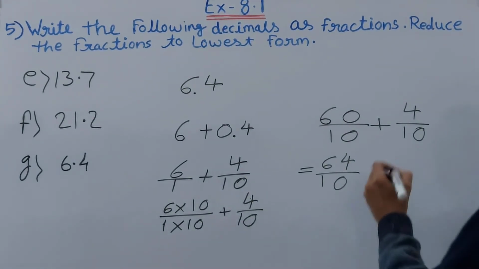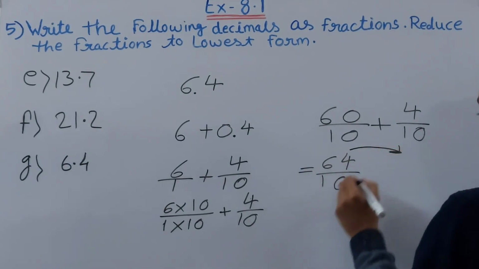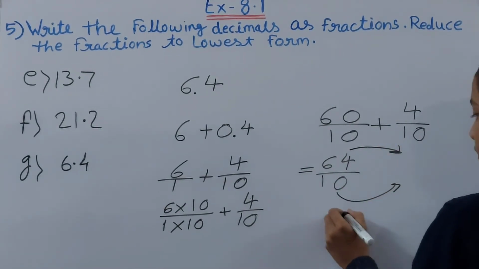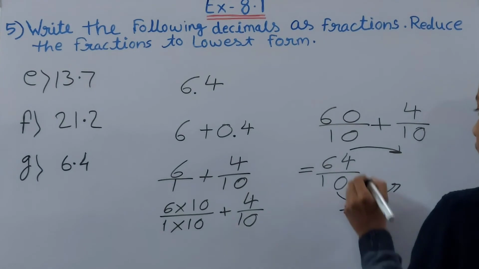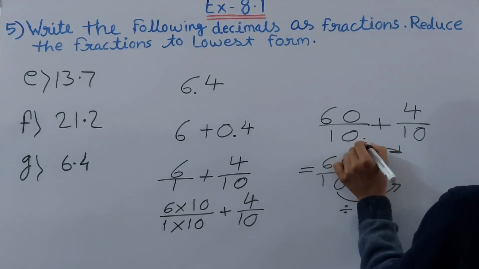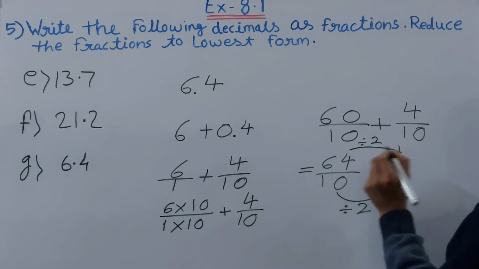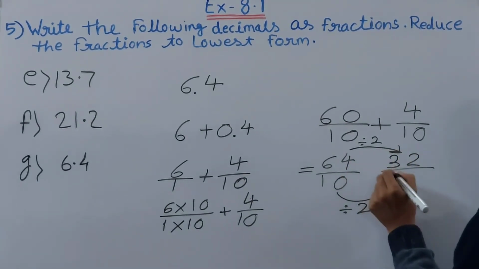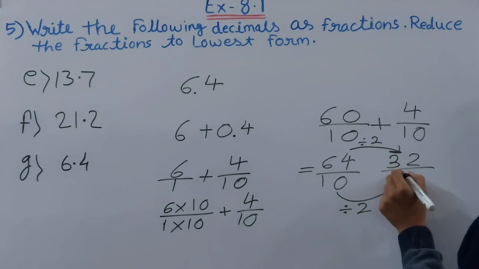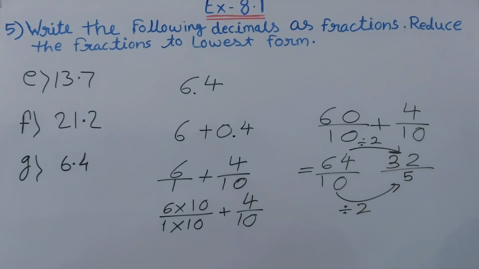So 64 will be divided by 2 and 10 will be divided by 2. So 6 goes 3 times and 4 goes 2 times over here, upon, and this 10 goes 5 times. So this becomes 32 upon 5, and there is no other common divisor of 32 and 5. So that means this becomes our final answer.